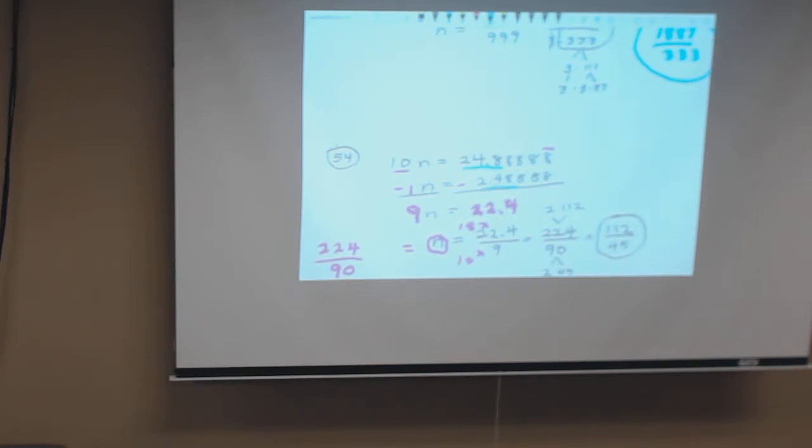Because then when we subtract, I'm going to get 9 of these equals 22.4. So that means the number is 22.4 over 9, which would be 224 over 90. See, I do that to get rid of the decimal point. I move this over and add a 0 down here.